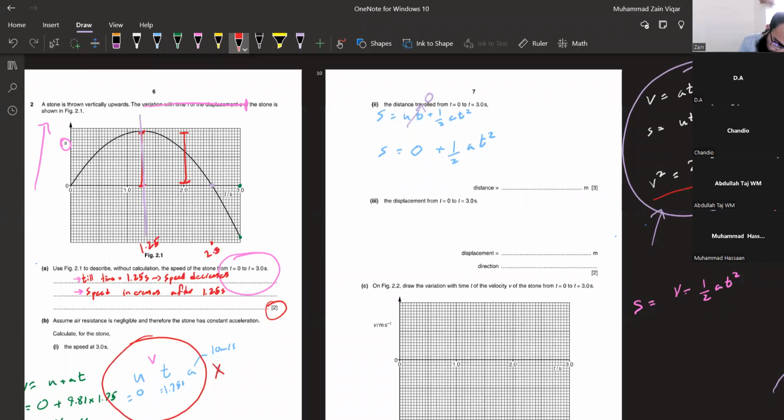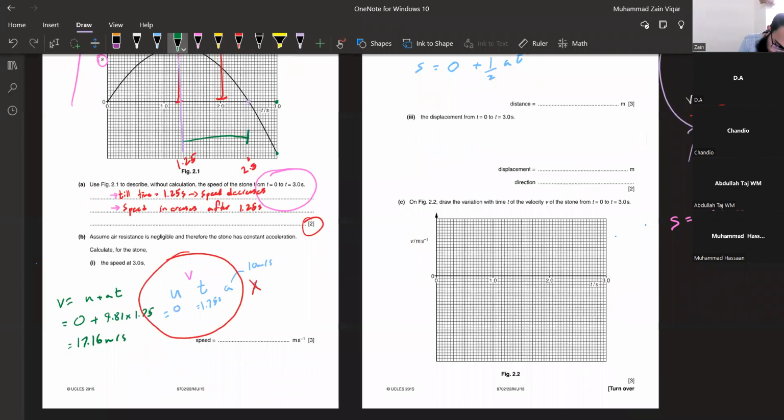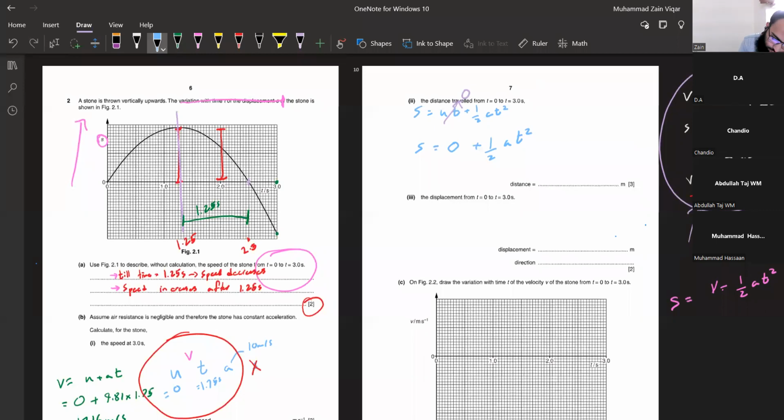So the time between these two points is again 1.25 seconds. I put it in the formula and get 0 plus 1 over 2 times the acceleration, which is 9.81, times t square, which is 1.25 square. Can someone tell me the answer?